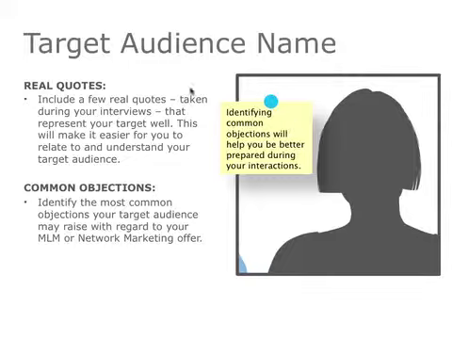If you know the quotes and what they're talking about in terms of what are their problems that they're having, what do they need help with, that's obviously going to help you when you're interacting with them so that you can provide those good solutions for them. And with the objections too, being ready with those objections and counters for those objections are very important, okay?